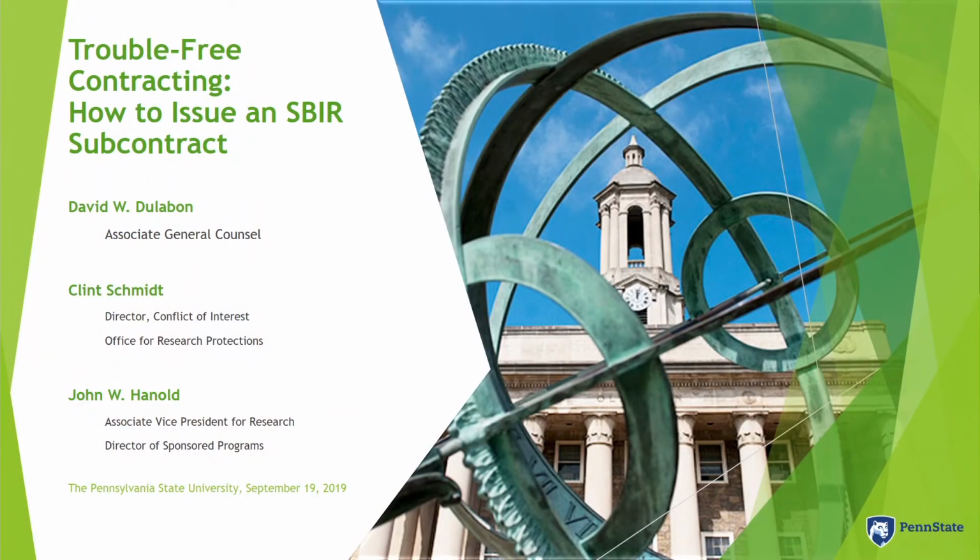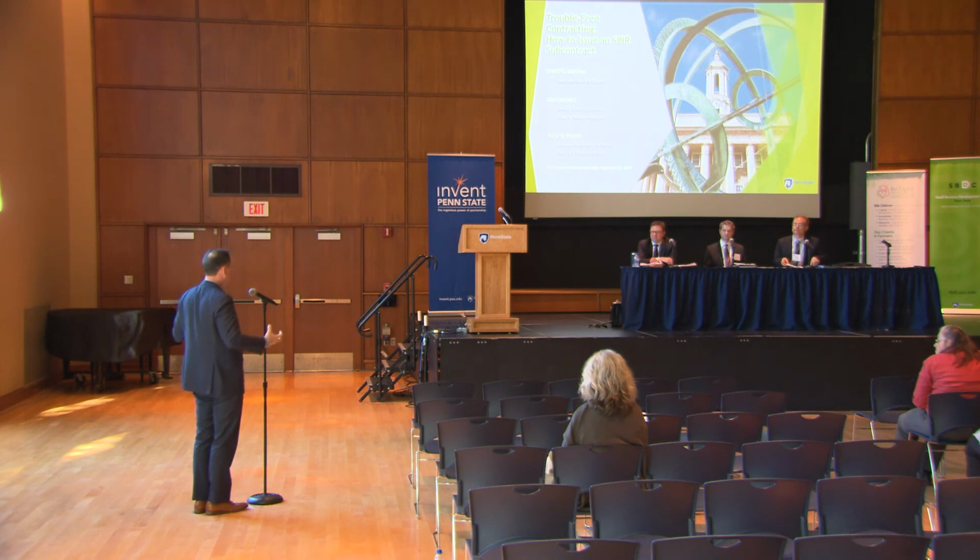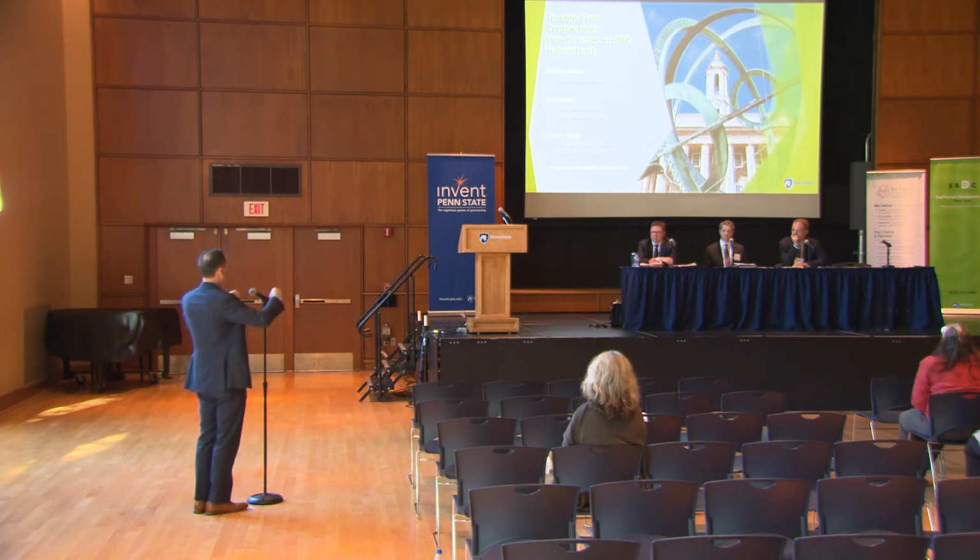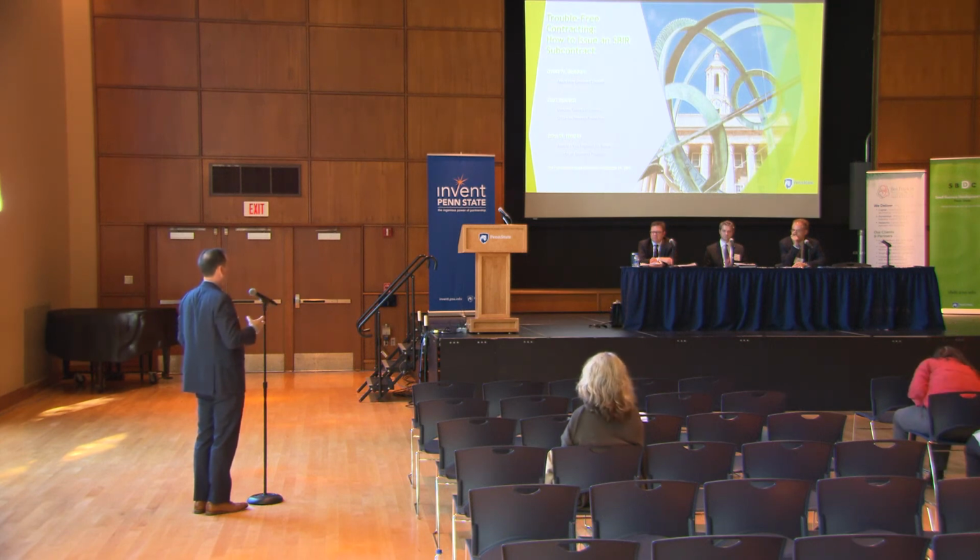It's a common scenario where a faculty member will be working in their laboratory on an innovative new technology. They've developed a specialized piece of equipment. It's expensive, not easily replicated out in their SBIR company, and they're interested, if they do receive an SBIR award, in subcontracting back to get access to this special piece of equipment.